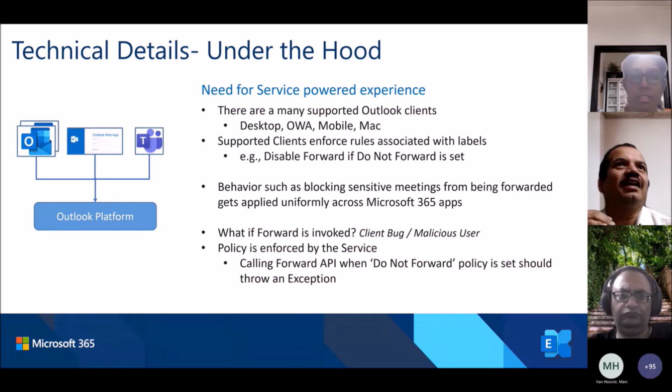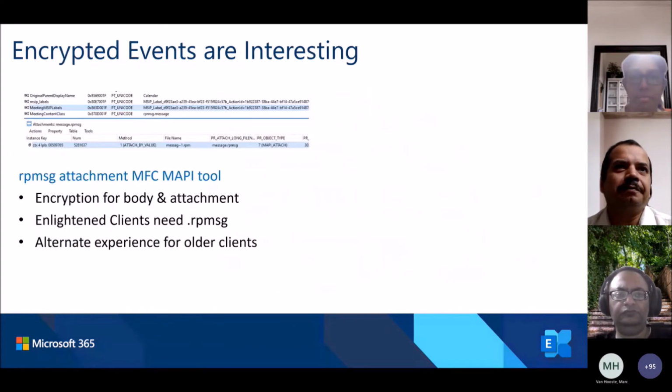If anything, we are not leaking. If a label is applied to an item and it is encrypted, we do not leak that in any client or any scenario. In no scenario are we leaking. If it is marked, we enforce, erring on the side of caution. Next slide.